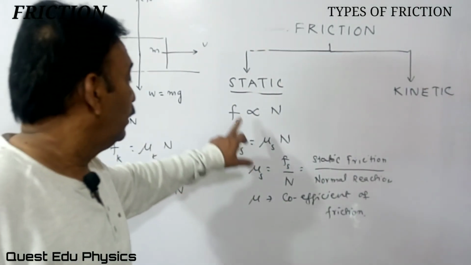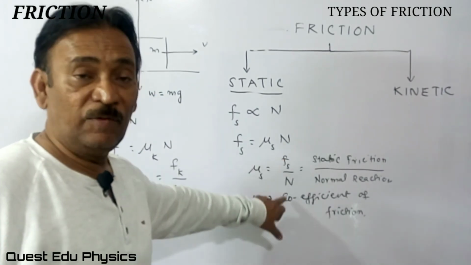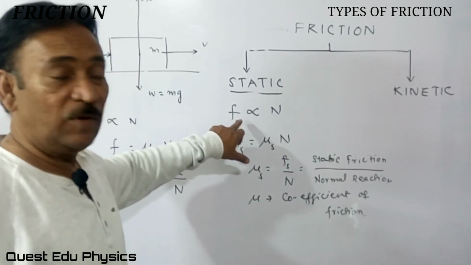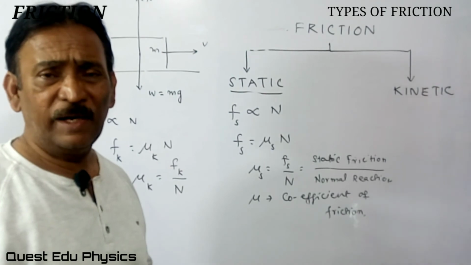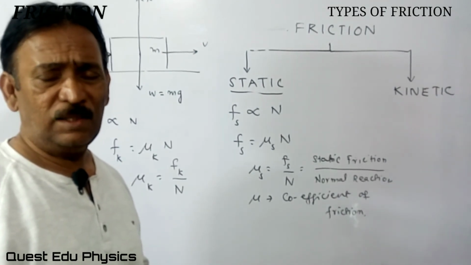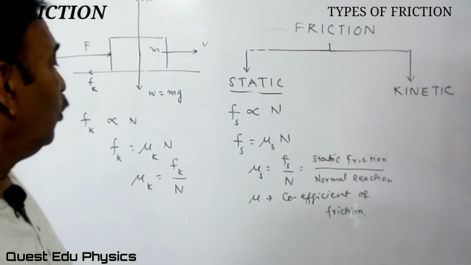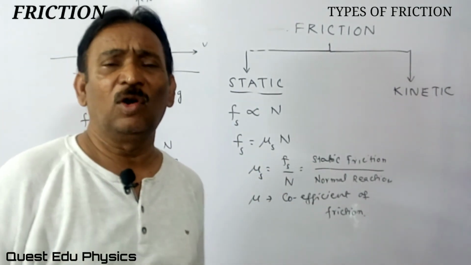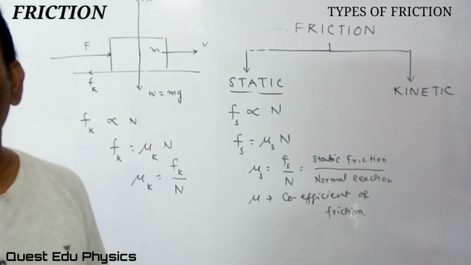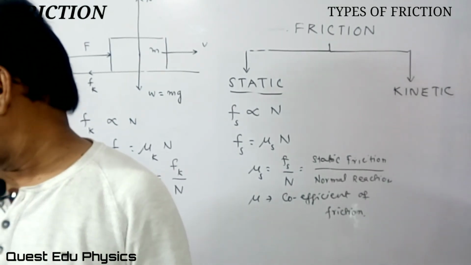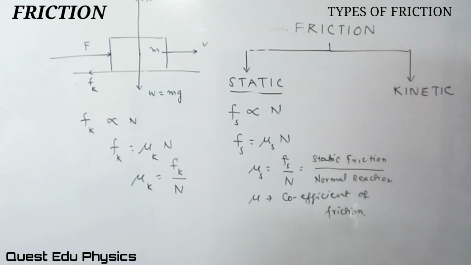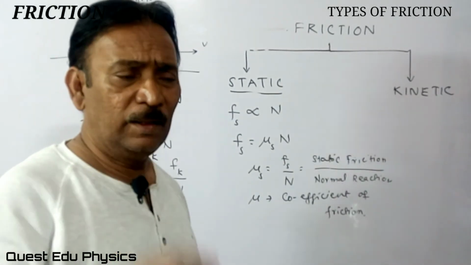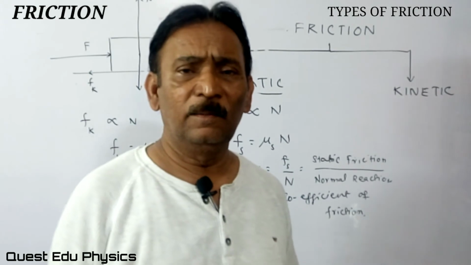Here the first law stated that mu s is equal to Fs by N. That means static frictional force is directly proportional to normal reaction. And the second law, it is valid for all kinds of friction, both laws. Here frictional force doesn't depend upon the area of contact. Okay, students, the best example is that a small brake can stop a big vehicle.